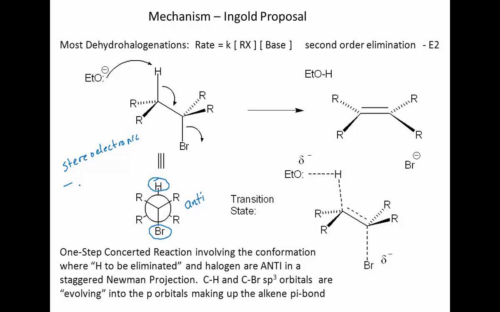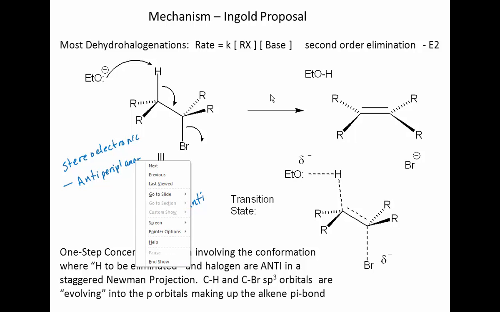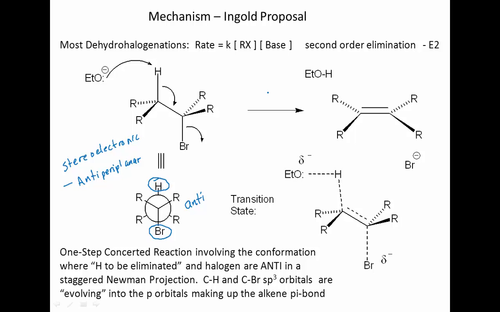And this geometry is often referred to as anti-periplanar. Okay, and the reason that we have this limitation here is that if you look at these p orbitals that we're going to be making for the pi bond, they're coming from the C-H bond and the C-R bond, okay?